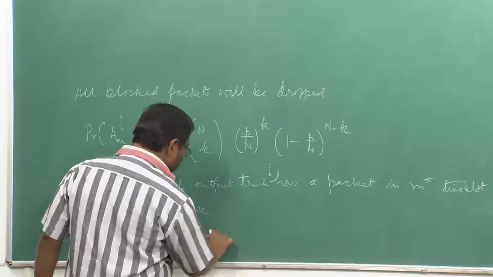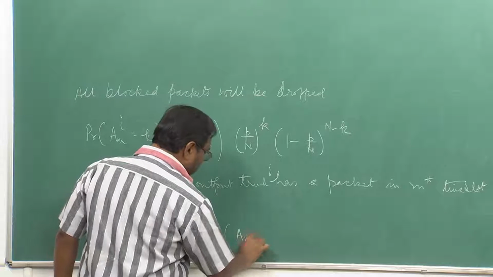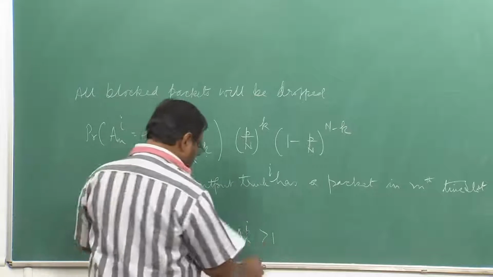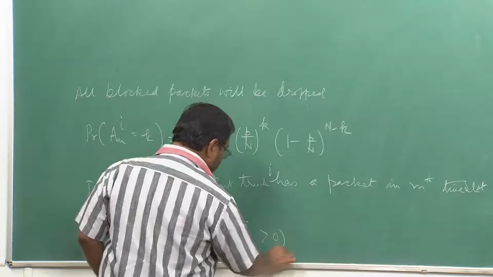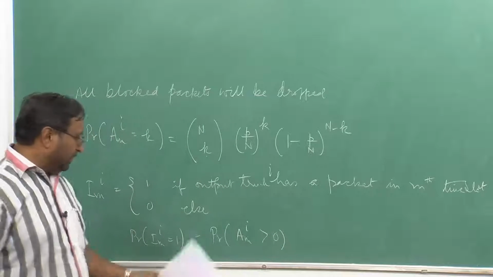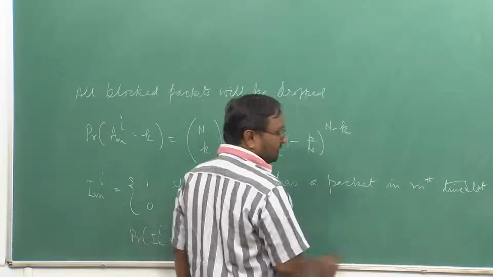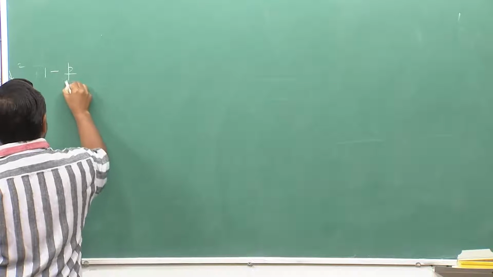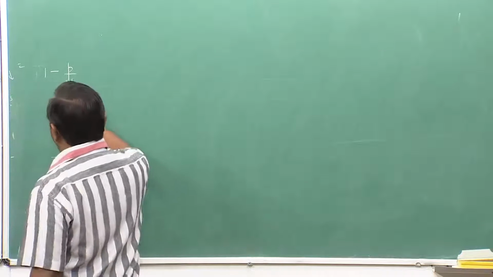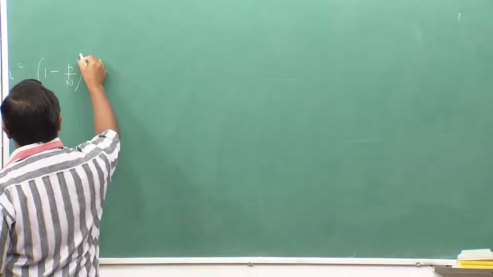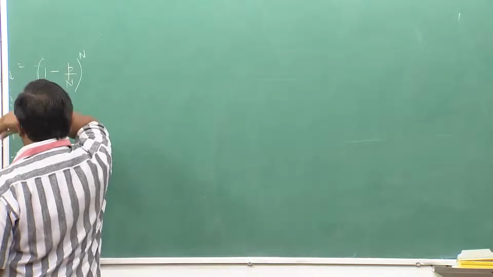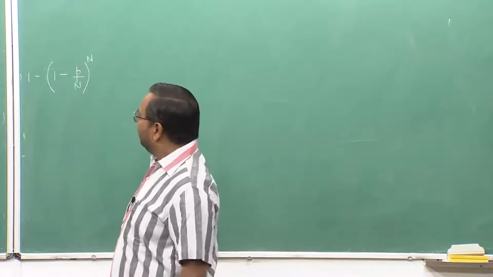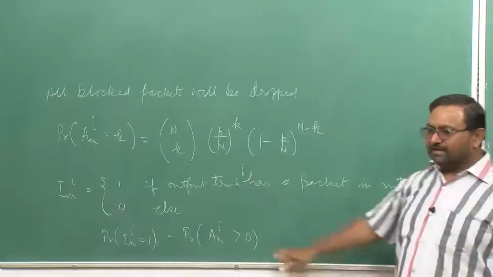So, this is nothing but the probability that A_i is greater than or equal to, in fact it should be greater than 0, that is good enough. So, this value will be nothing but 1 minus (1 minus p by n) to the n, where (1 minus p by n) to the n is the probability that a packet does not arrive in any one of them, and 1 minus this is the probability that at least one will be arriving, or A_i will be greater than 0.